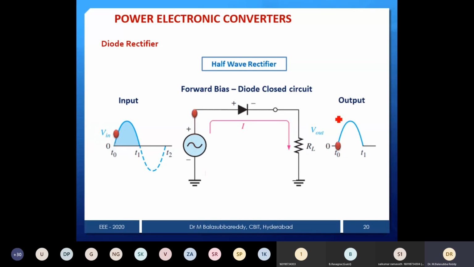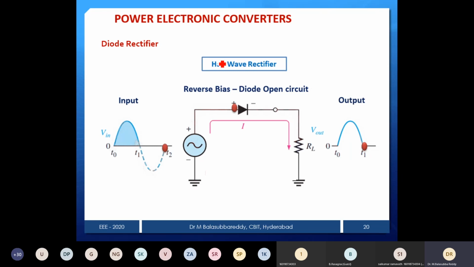Now we can observe a small circuit I have shown, the half wave rectifier. Now if I replace the diode by a thyristor, you will get it as the second unit, nothing more than that. So you can see rectifier means AC to DC. What is input? AC supply.